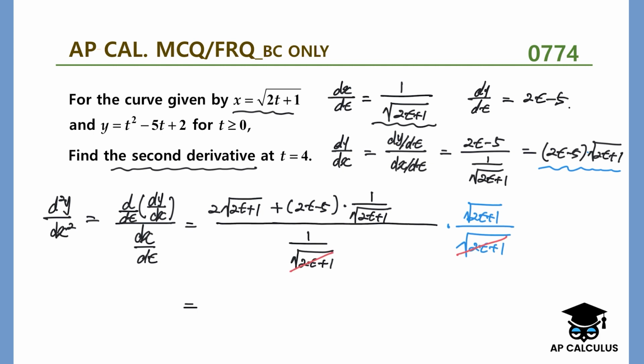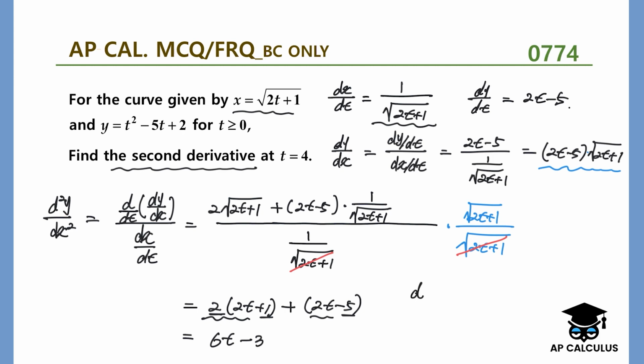So we're going to multiply this by this plus this by this term, right? So that's going to be 2 times (2t plus 1) plus (2t minus 5) times 1. So that's going to be equal to 4t plus 2 plus 2t minus 5, which is 6t minus 3, right?